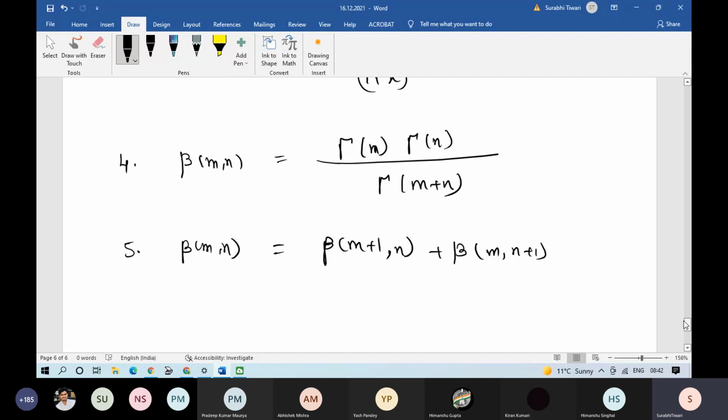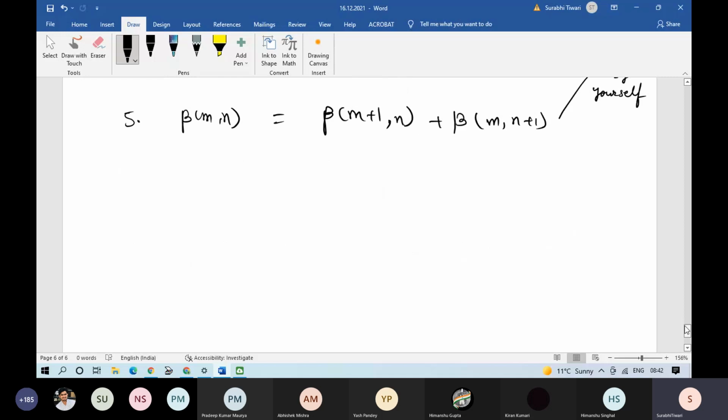So these two you can do by yourself, and the rest you can just learn as formulas. Now coming to the questions, how we solve questions using beta and gamma functions.